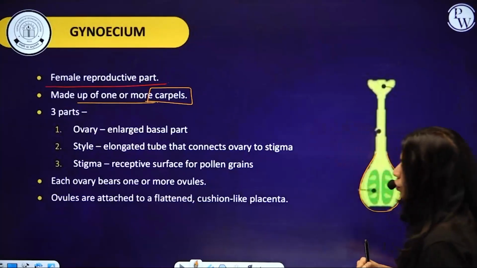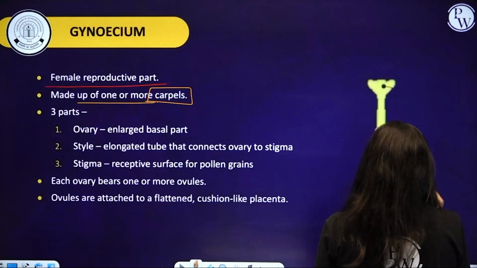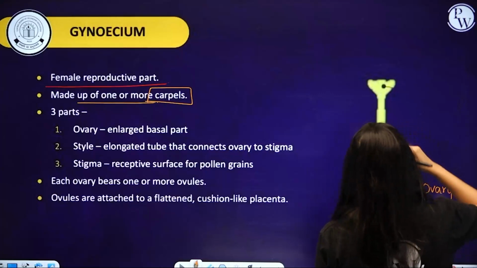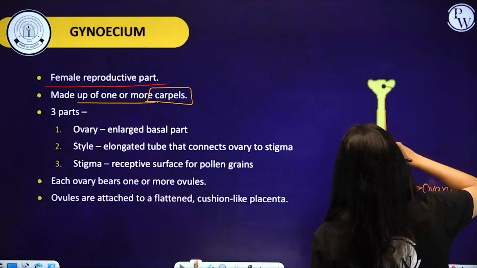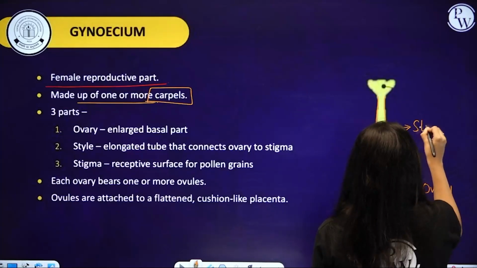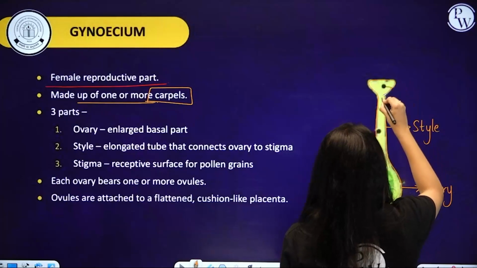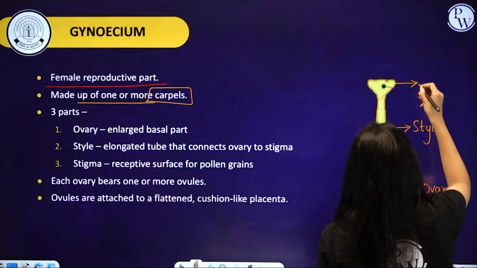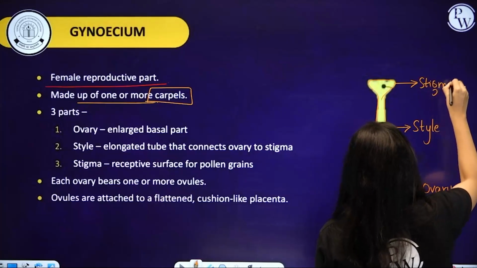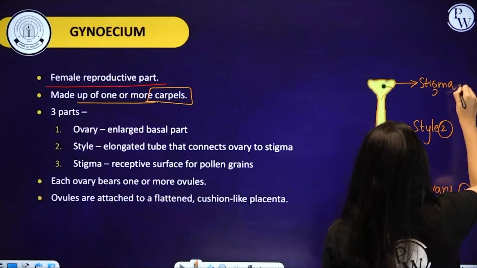This bottommost swollen part is what we call the ovary. This long region is called the style. And the slightly expanded region is called the stigma. So you have 1, 2, 3 parts.